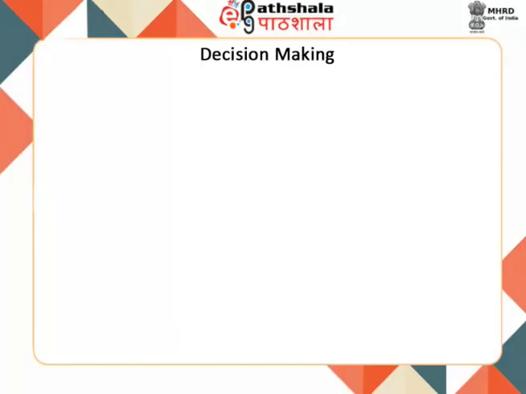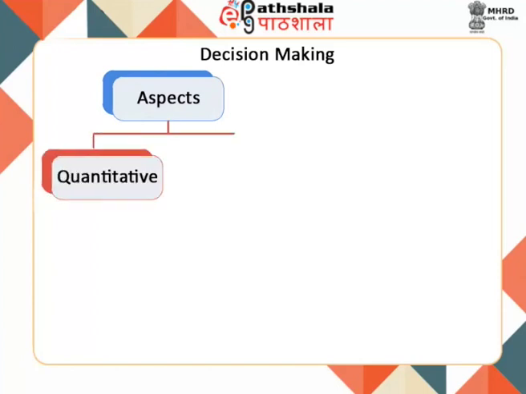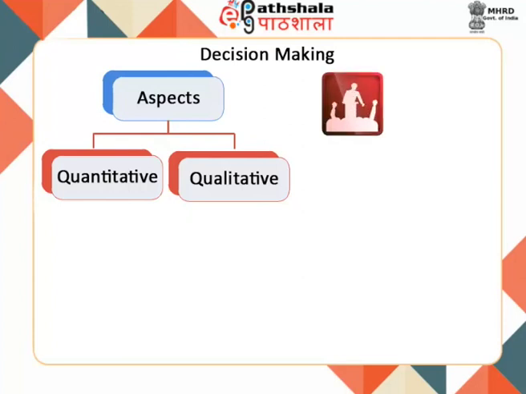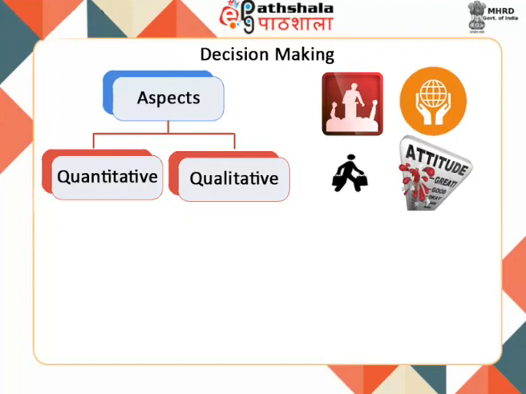Irrespective of its nature, every decision has two aspects, quantitative and qualitative. The qualitative aspects include factors like public image, social responsibilities, employee attitude, consumer reaction, etc. Management accounting is basically concerned with the quantitative factors of decision making.